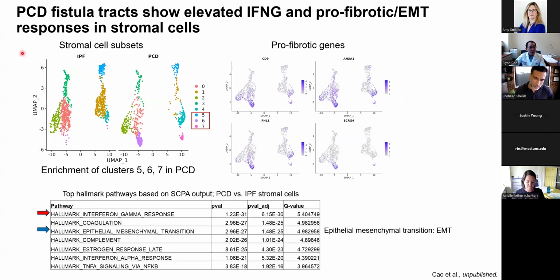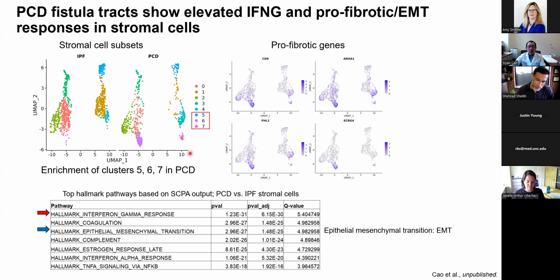And similarly, in the stromal cell populations, we identified 7 different subpopulations. And here you can see in the PCD tissue fistula tract, there's an enrichment of cluster 5, cluster 6, and cluster 7 as compared to the IPF samples.